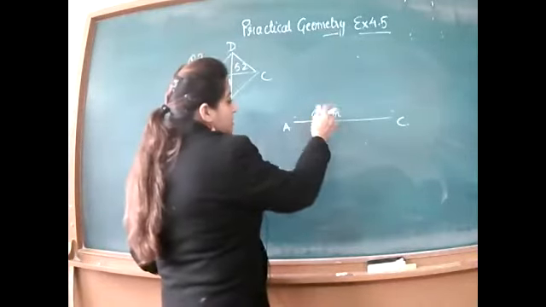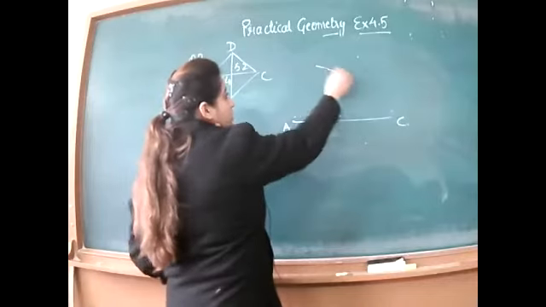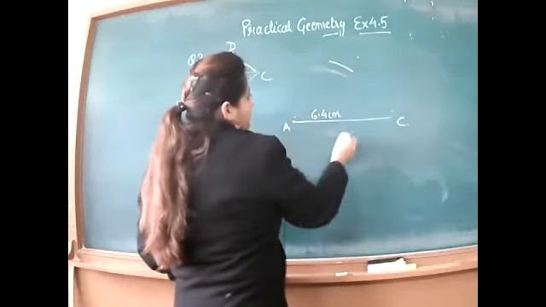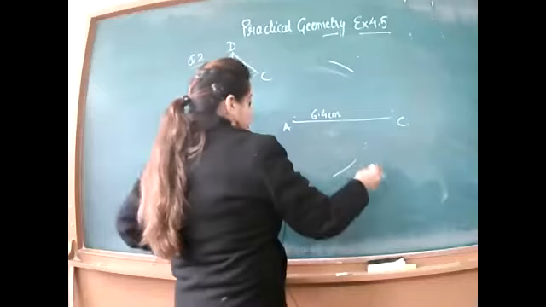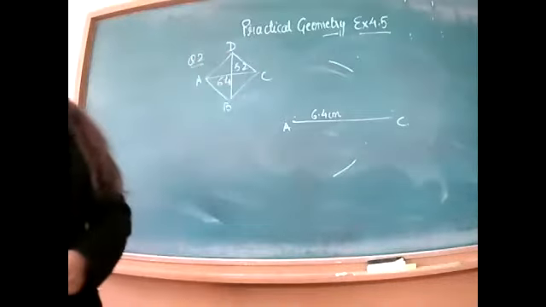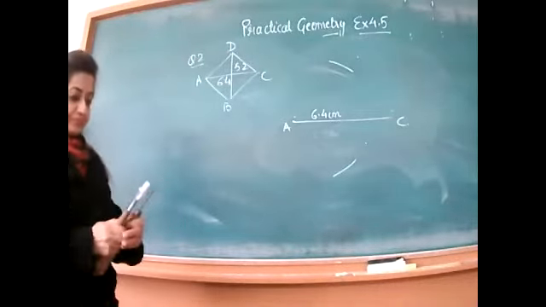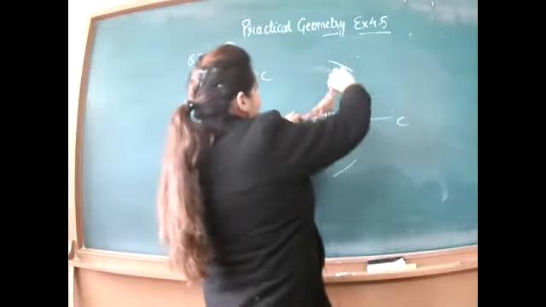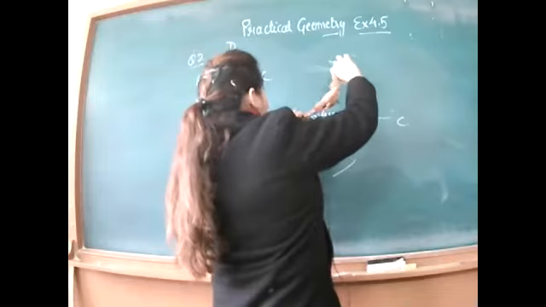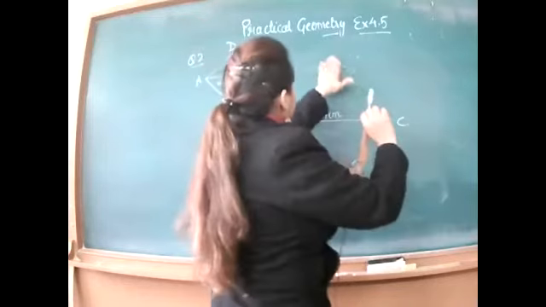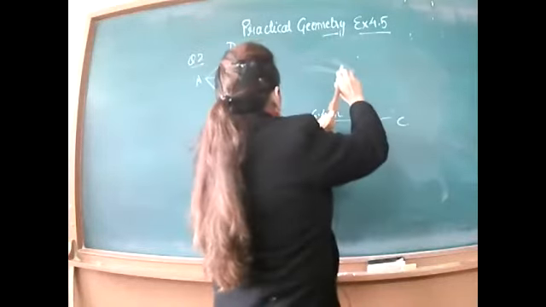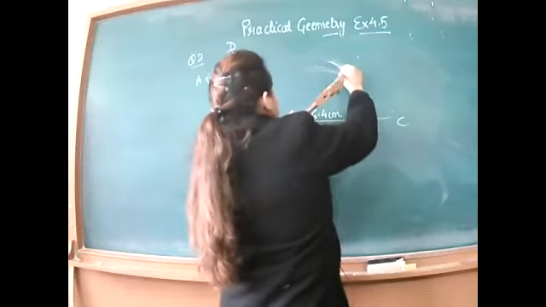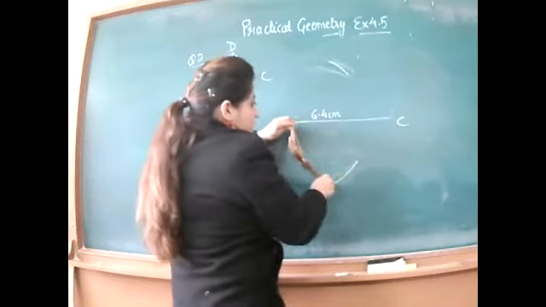Okay, you will open the compass. You will put the arc from A on either side of this line. Then from C you will draw the arc like this. You took more than half, you place the compass here.